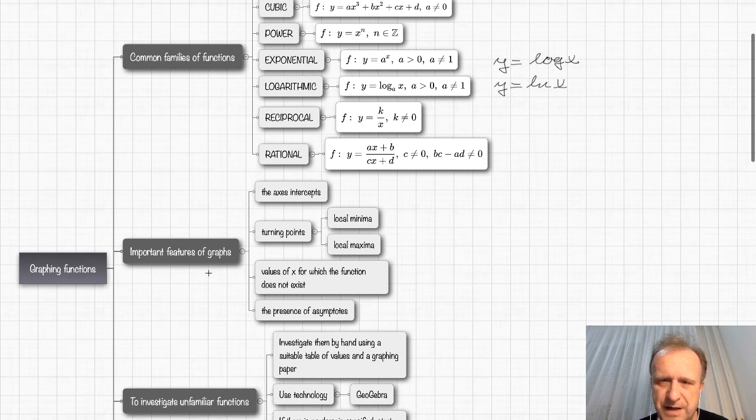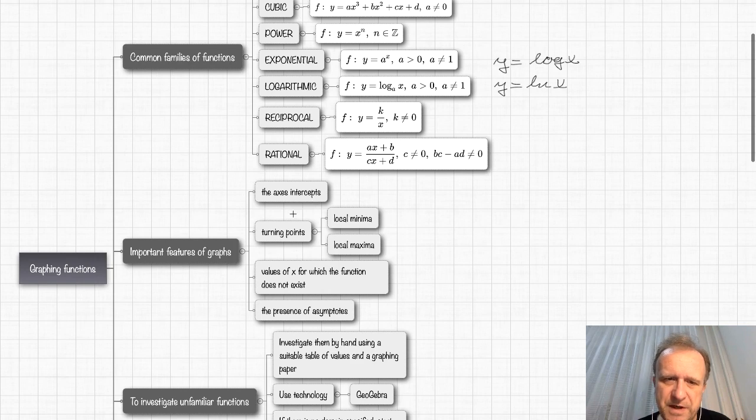So anytime you draw a graph, you need to describe its important features. You need to label interesting points, show them on your graph, and describe their characteristics. So first, what is interesting for us for each graph are the axis intercepts.